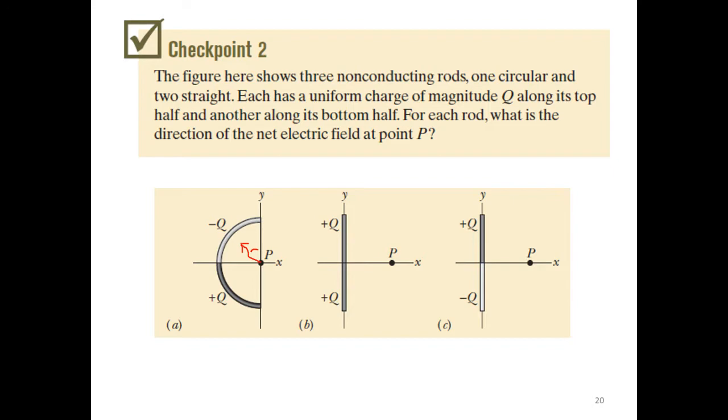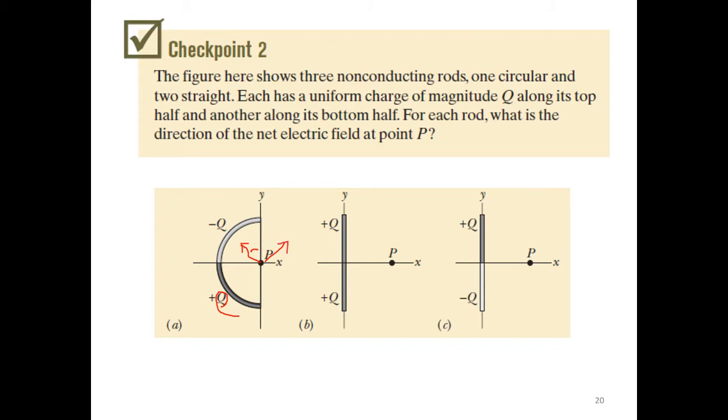Assuming that the charges distribute uniformly, and also this is a semicircle. So for this part, this is positive Q. So the E field should point to the top right direction.